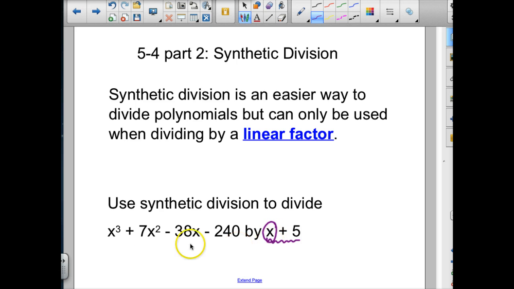So your first step when you're trying to divide some polynomial by another polynomial is to see if the polynomial you're dividing by is x to the first. If it is, you can use this new method, which is much simpler than long division.